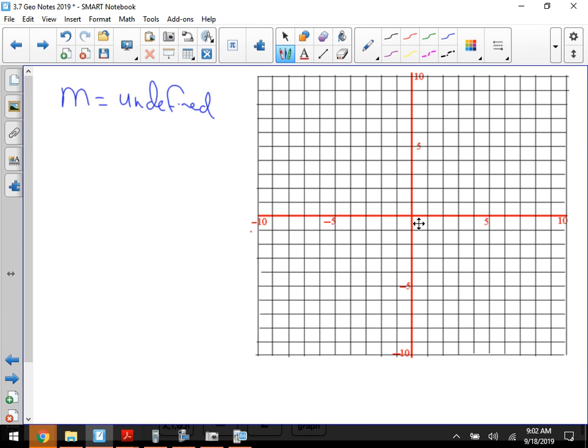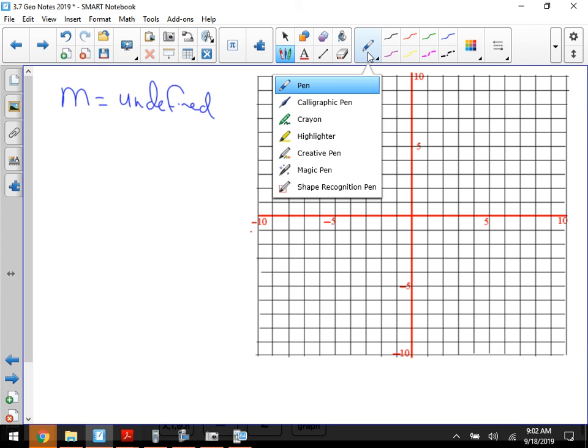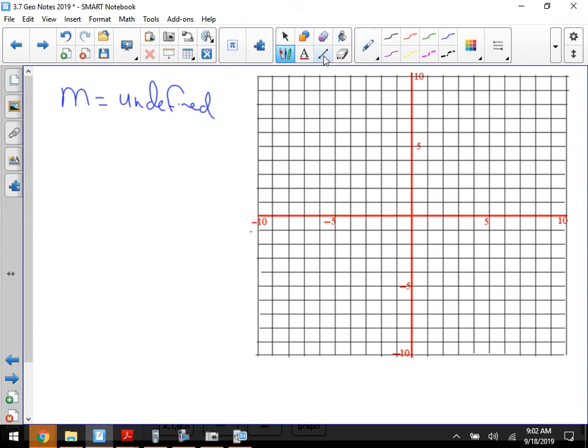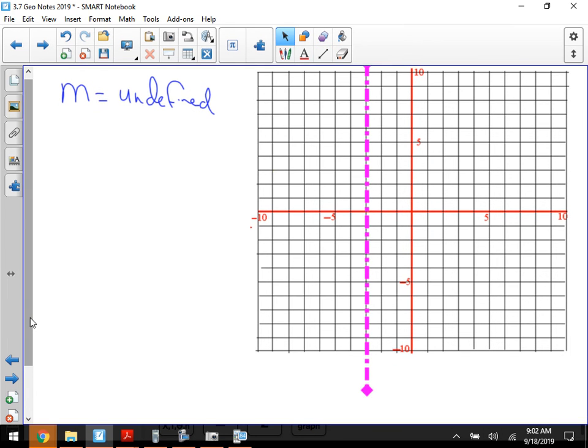That just means that this value moving up and down remains the same. If it's not changing left and right, and it's just that same value of x always, that's why the x value remains constant.